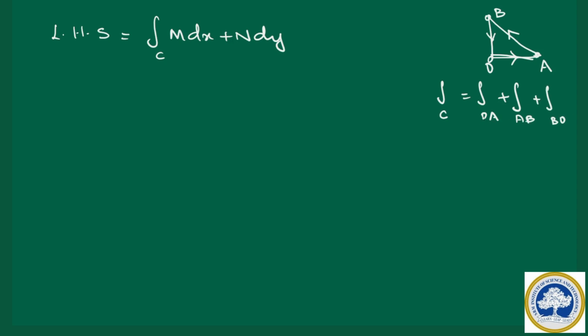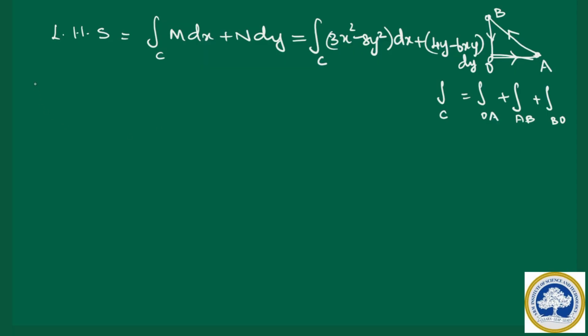So we have to evaluate 3 line integrals along 3 different straight lines. Then we have to add them, that will give you the integral over C of m dx plus n dy. So here first, what is m dx plus n dy? M is nothing but 3x square minus 8y square into dx, plus n is 4y minus 6xy into dy.